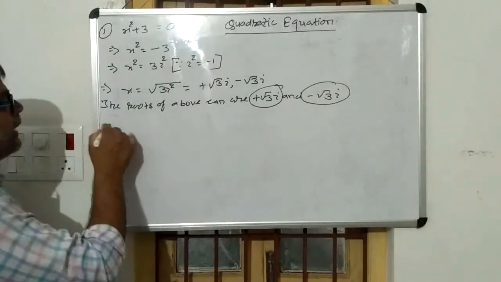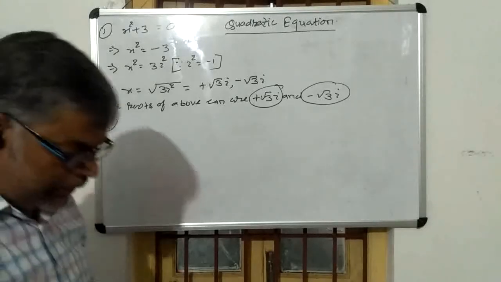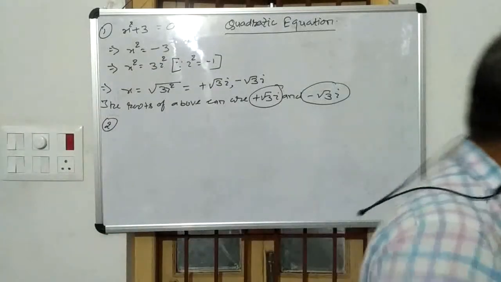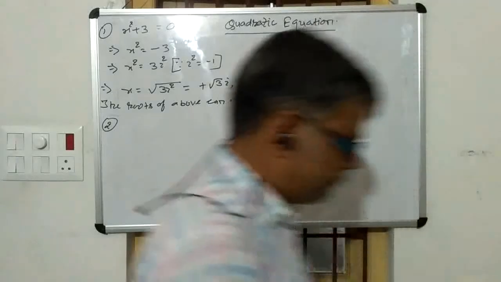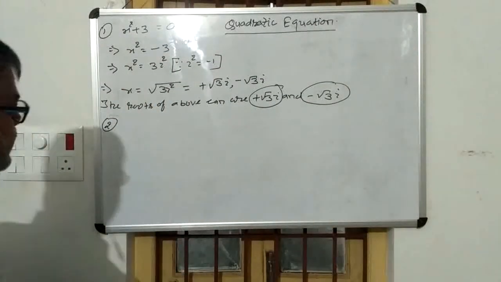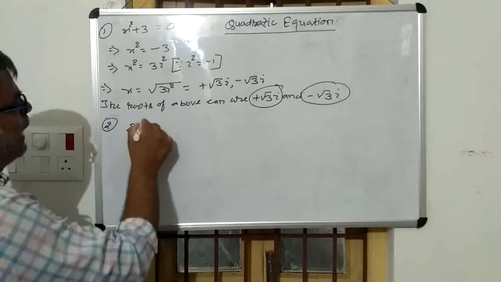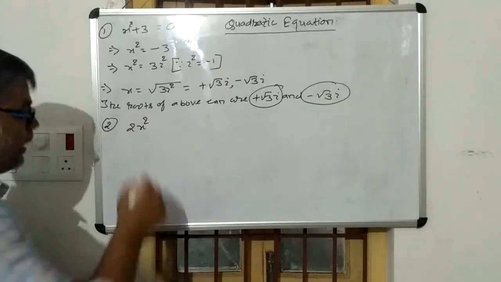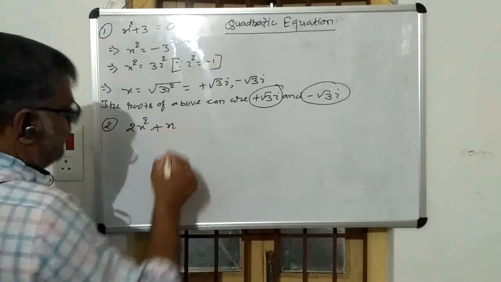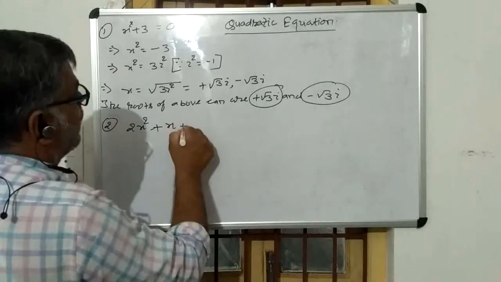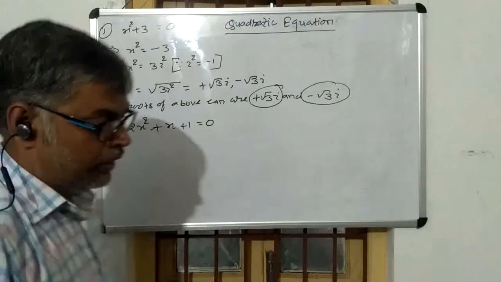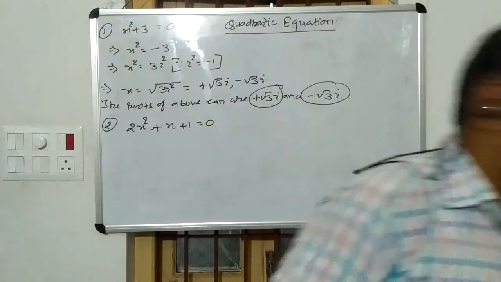Now let's take another example, that is question number 2. The second question is 2x square plus x plus 1 equals to 0. This is the quadratic equation.